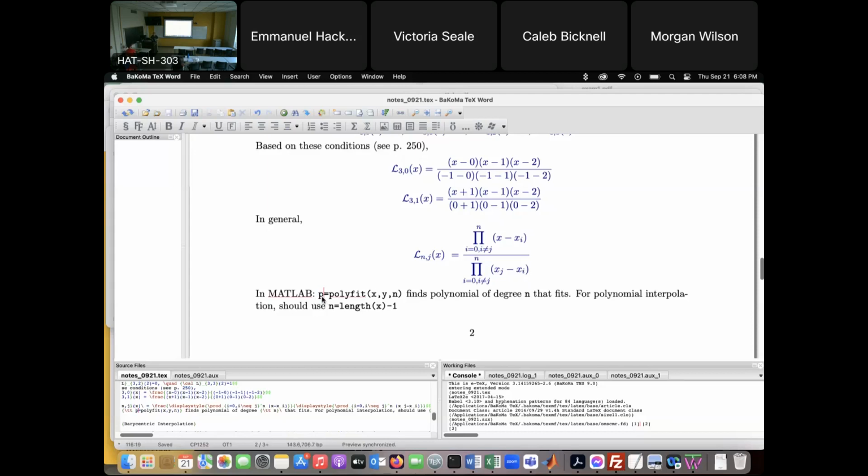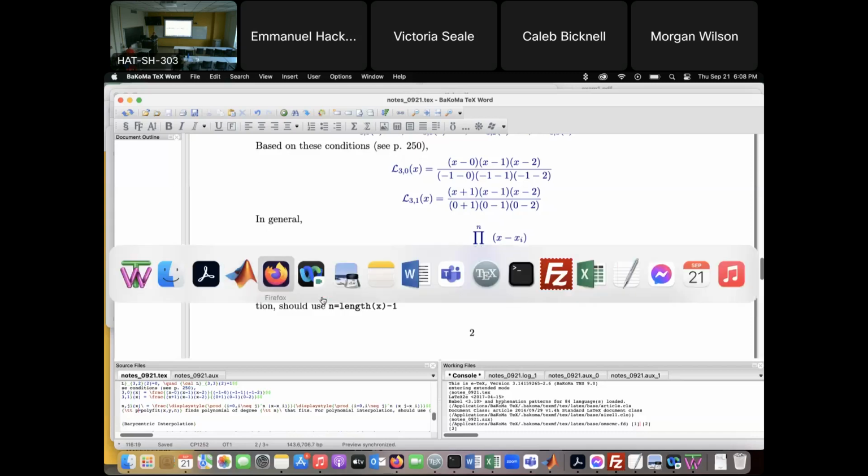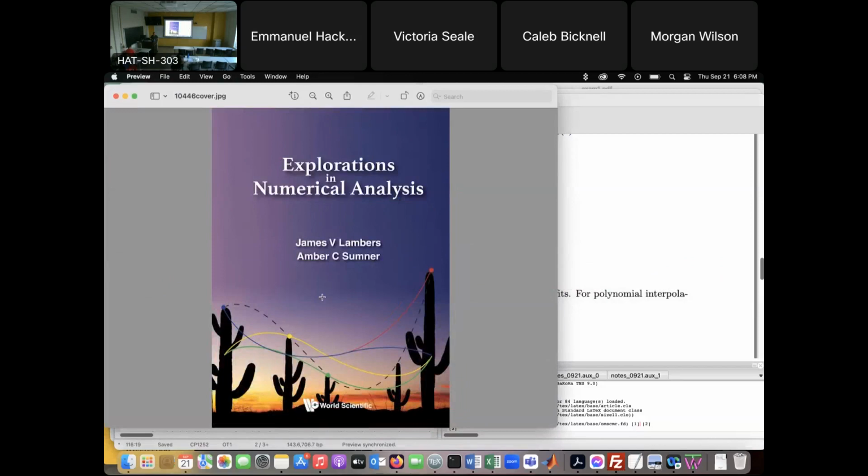Okay, question about how Lagrange interpolation is carried out. So I actually have a nice graph showing Lagrange polynomials: the cover of our textbook.